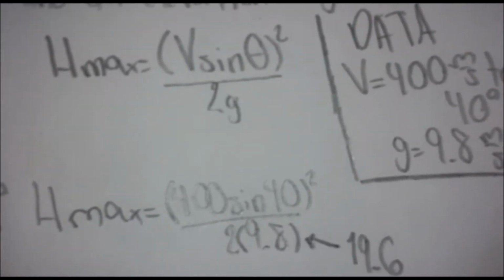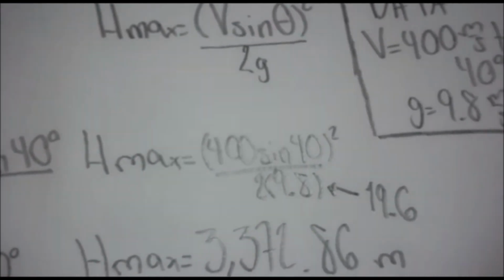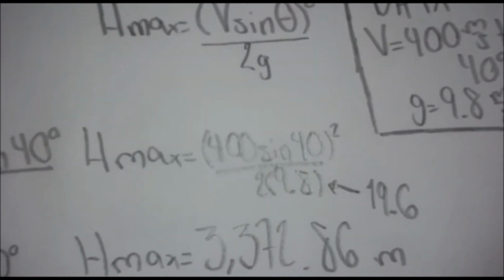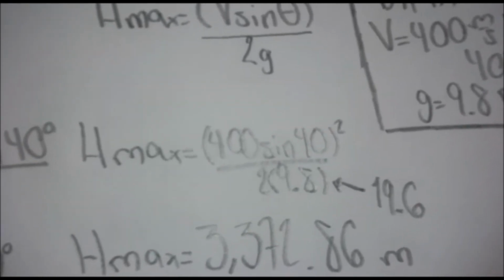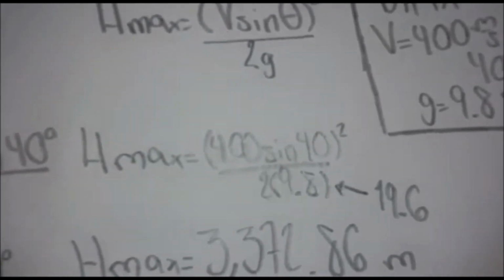And to make it a little bit easier, we are going to do this first. We're going to multiply 2 times 9.8, and it gives us 19.6.